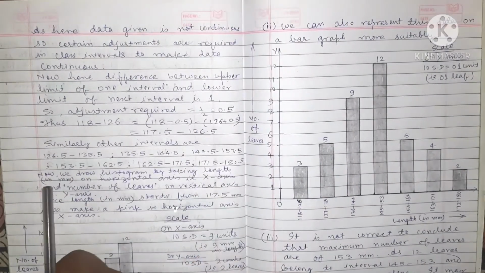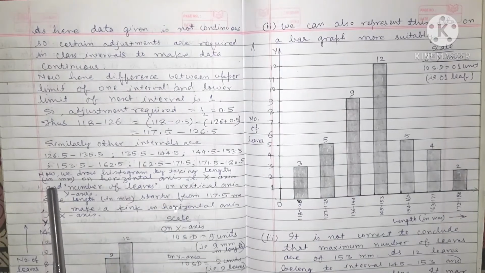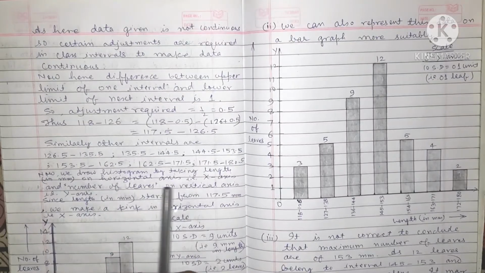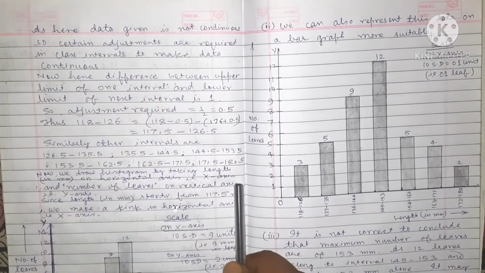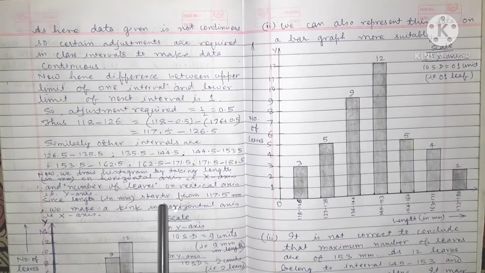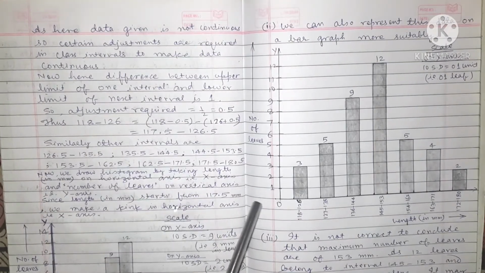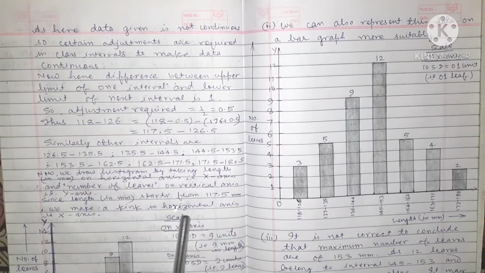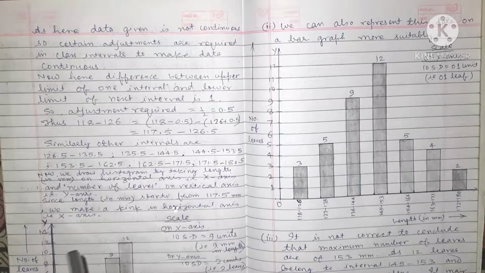180.5. Now we draw the histogram by taking length in millimeter on the horizontal axis, that is the x-axis, and number of leaves on the vertical axis. Since length in millimeter starts from 117.5 millimeter, we take a kink in the horizontal axis, that is the x-axis.